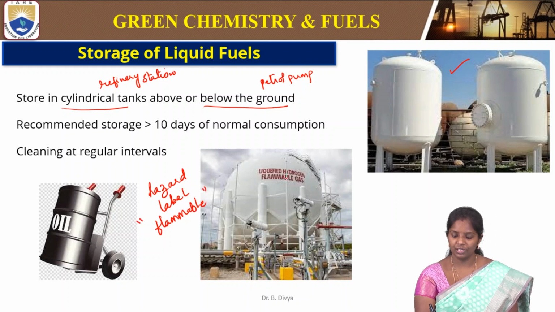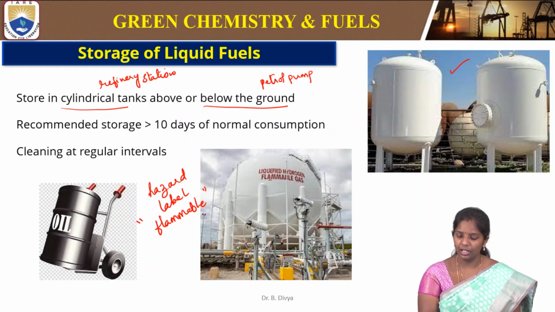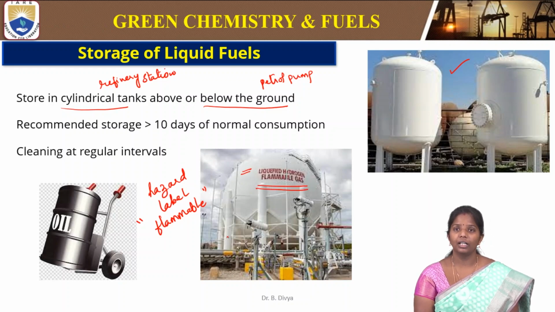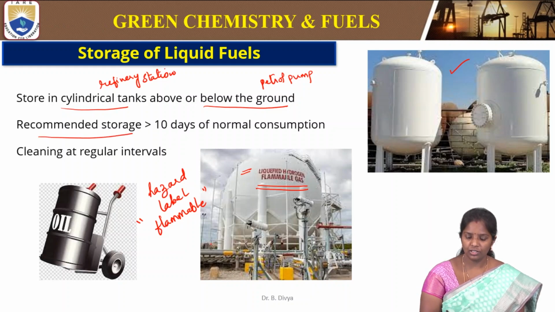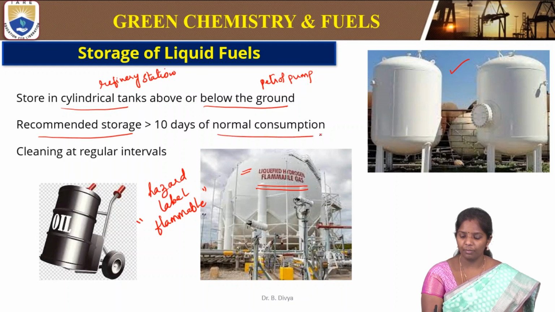If you see this in the refinery or the station, it says liquefied hydrogen, flammable gas. So it is given a very clear indication that during its storage, it should be marked as flammable liquid. The recommended storage is greater than 10 days for normal consumption.